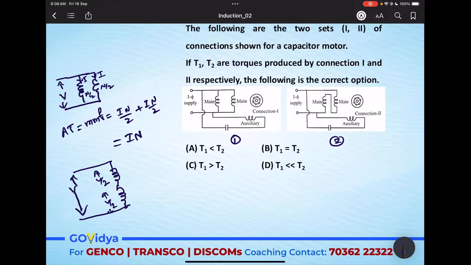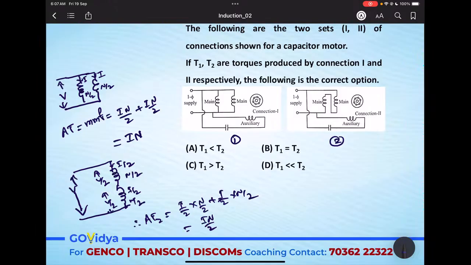Since the voltage is V by 2, the current flowing will be I by 2 here and I by 2 here. This will be n by 2, this will be n by 2. Therefore, the ampere turns in the second circuit will be I by 2 into n by 2 plus I by 2 into n by 2. It will come to In by 2.